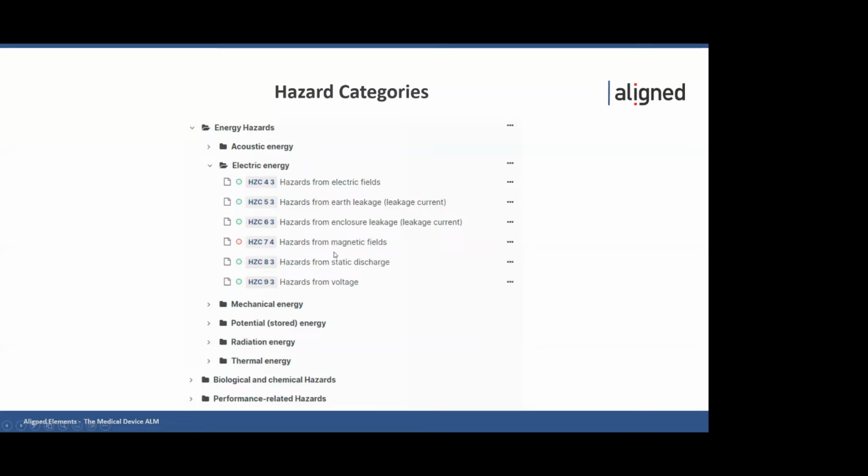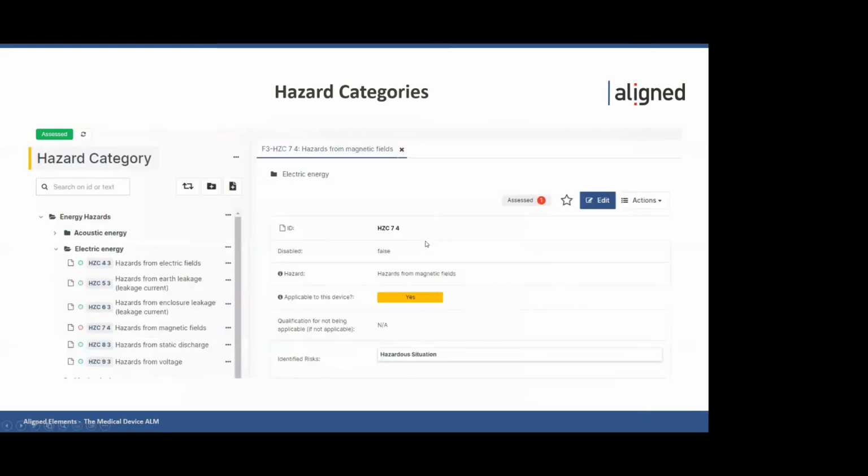And in some cases, you will say that they are applicable. And the system then expects you to elicit what kind of hazardous situation arises from this particular hazard. And of course, the system can automatically detect whether you have actually traced hazardous situations from a given generic hazard, and otherwise signal if that's not the case, so you don't miss out on that.